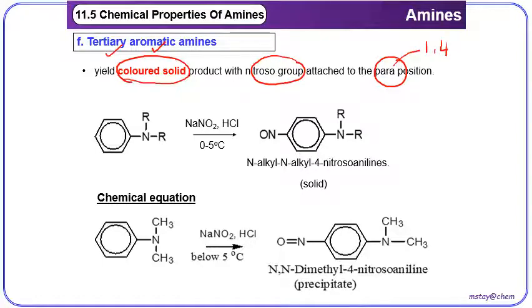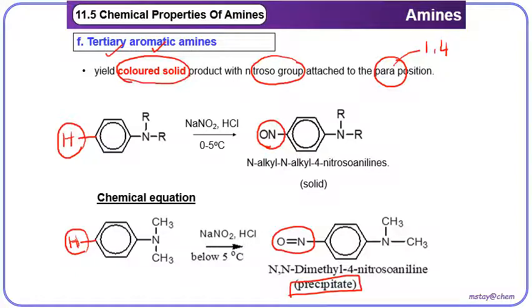So you notice that the tertiary amine will remain the same, however, the hydrogen at the para position will be replaced by the NO, which is the nitroso. Para basically is the opposite of the functional group, so we replace it with the N double bond O. With this, we will get a colored precipitate.